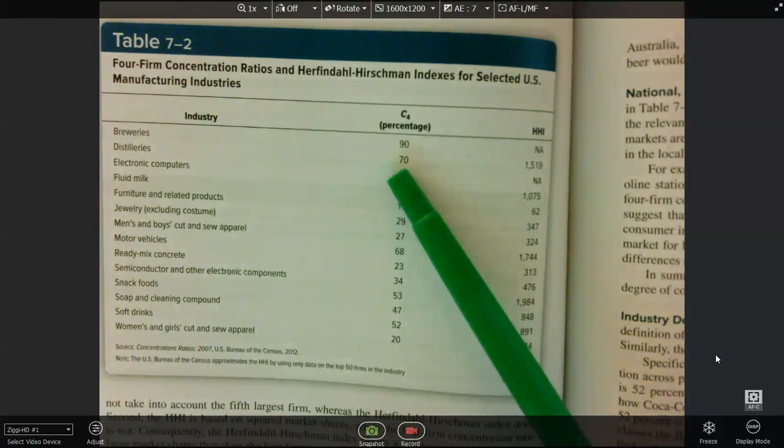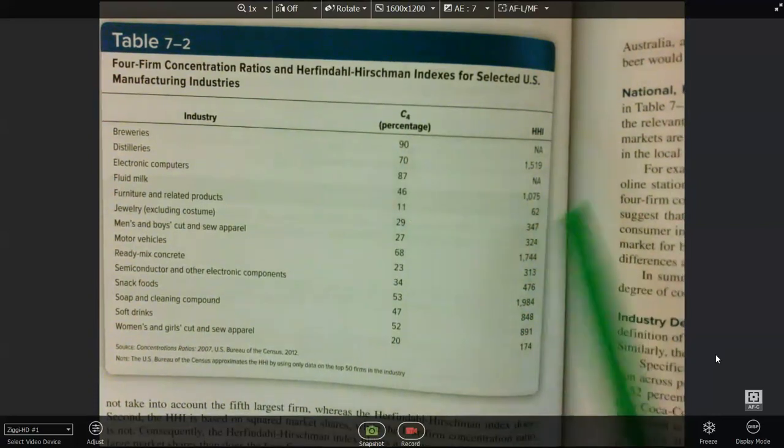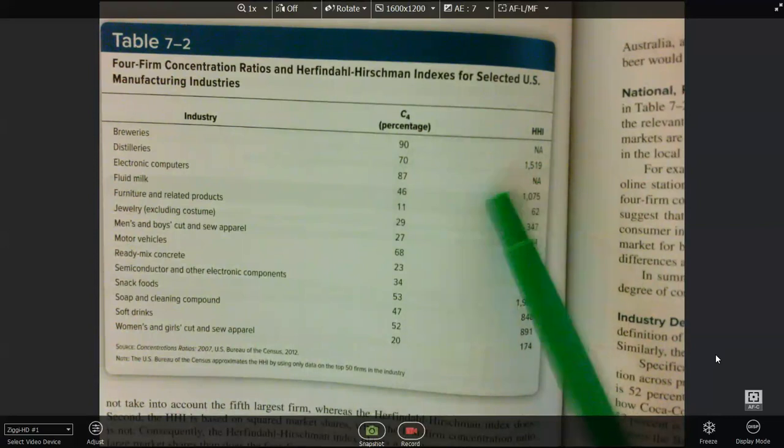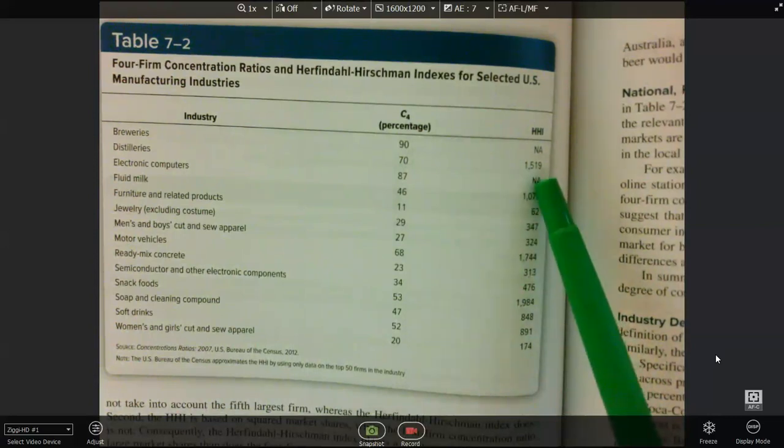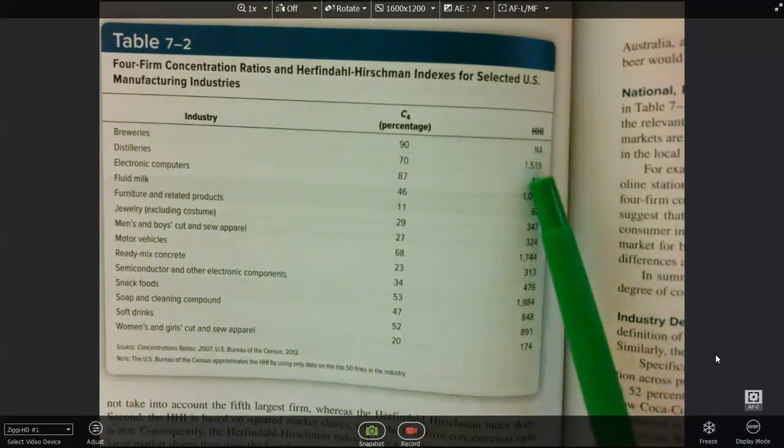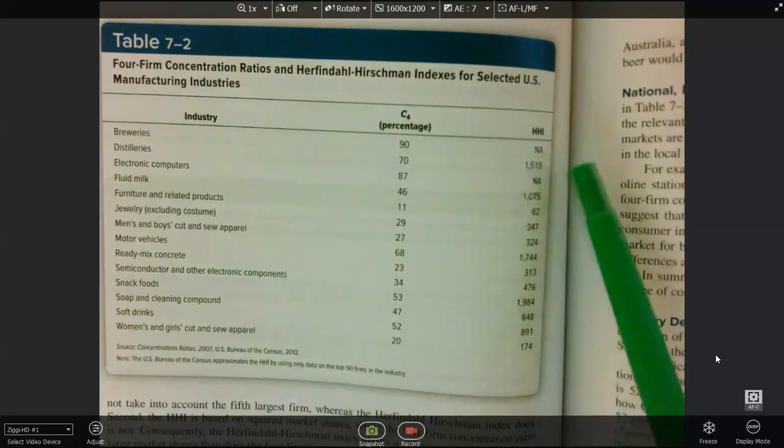It doesn't account for foreign companies that have penetrated our markets, and we import lots of Russian vodka and other spirits from abroad. And so that's part of the reason that when we expand that to all of the different distilleries, not just the top four, we end up getting an HHI that's much more reasonable. It's nowhere close to 10,000 or 5,000 or whatever.